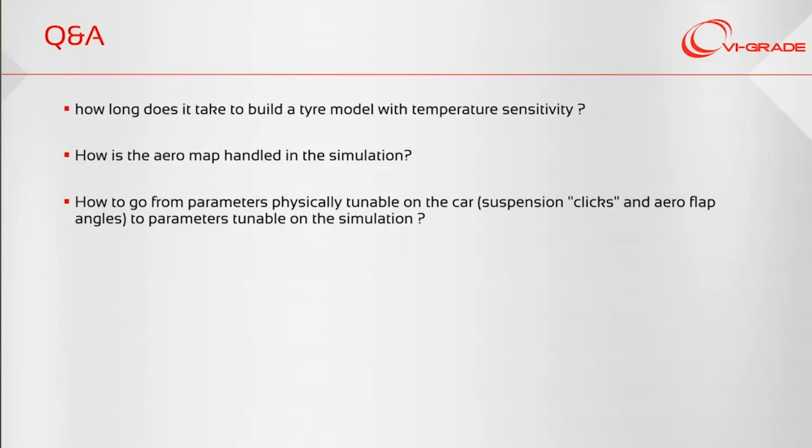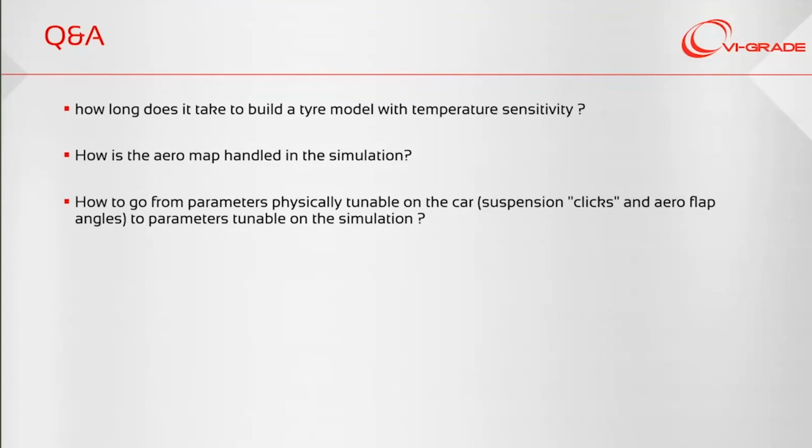Okay. And then, how to go from parameters that are usually physically tunable on the car, i.e. suspension clicks and aero flap angles, to parameters tunable in the simulation? Yes, in general, what is needed is to provide a mapping between those parameter configurations and the physical models described in the VI-Real Time vehicle model.